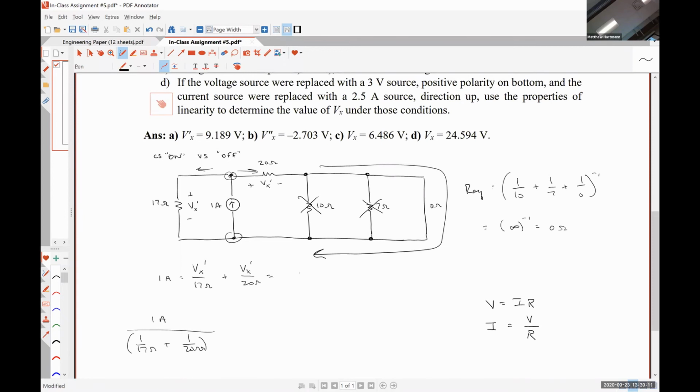So hold on, so this would be Vx prime multiplied by 1/17 over 1/20. Yeah, so then I divide, and that is equal to Vx prime. So what may not be obvious to you guys looking at this, if I wrote this as 1 amp times 1 over 17 plus 1 over 20, what am I doing?